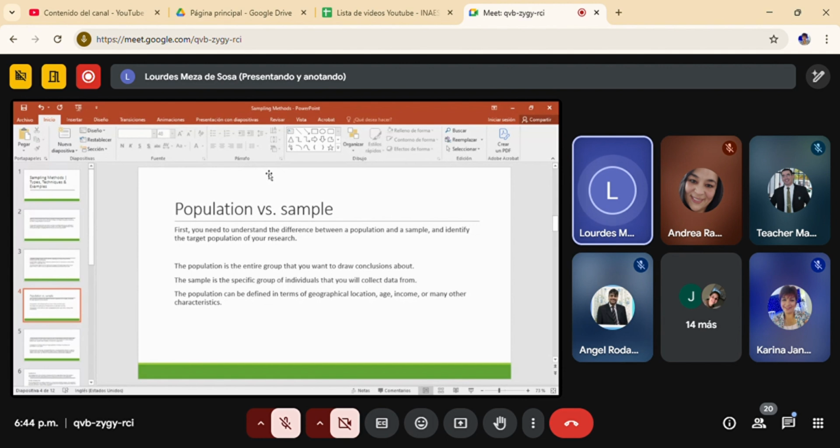Sometimes the population is the same as the sample. Let's say you have chosen 80 students because you have 40 students in each group, in each course. So you have chosen the 80 students and all 80 of them are here today. So they are taking the questionnaire, for example. So in that case, your population is equal to your sample, okay?